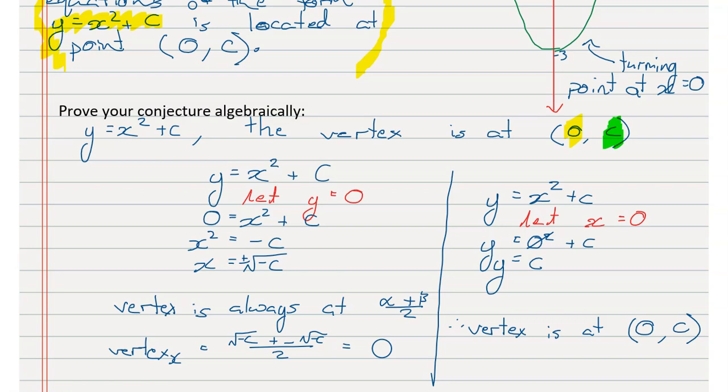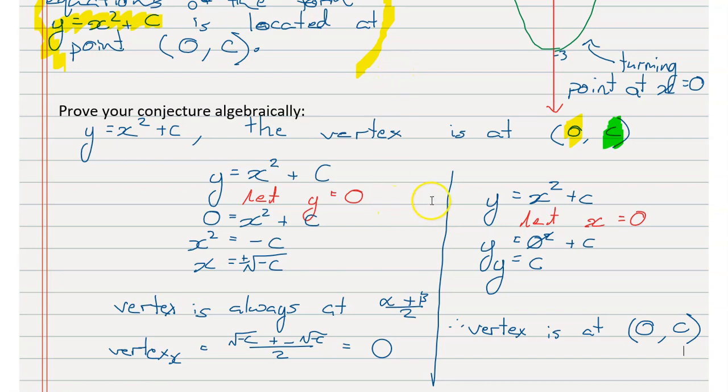Because the x value of 0 is the vertex, the y value being c is the y value at the vertex, therefore the vertex is located at (0, c), thus proving that the vertex is at (0, c) in an algebraic manner. Therefore our conjecture holds up.